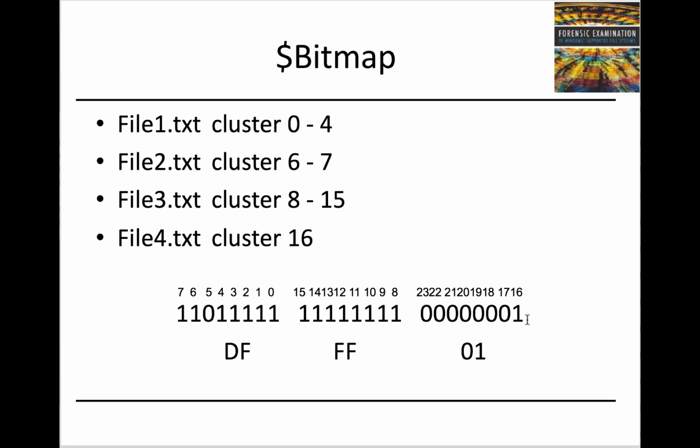And then this last byte, we just have a 1 in here, so it's 01. So what we're going to see, if we looked at the $Bitmap, the first 4 bytes would be DF, FF, 01. And that would tell us which clusters, if we broke it down like what we see here, are being allocated.